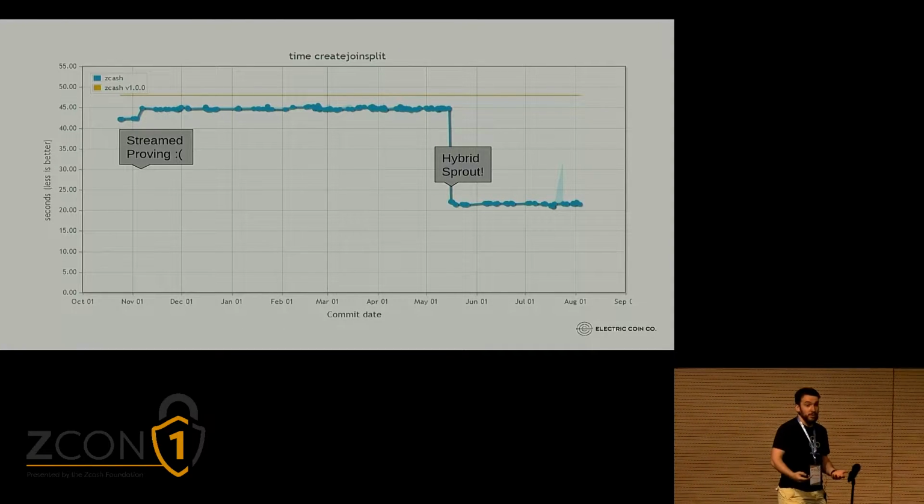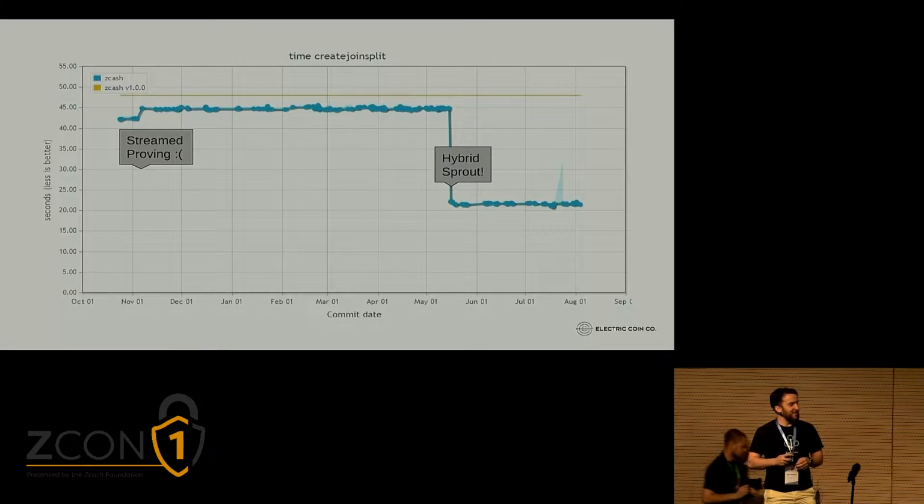So the next thing you can start looking at is, okay, what other components of the system can we attack? And the next one was the proving system itself. The original Sprout proving system that we used was the BCTV14 paper, which you may have heard recently had some other issues with it in our particular instantiation.